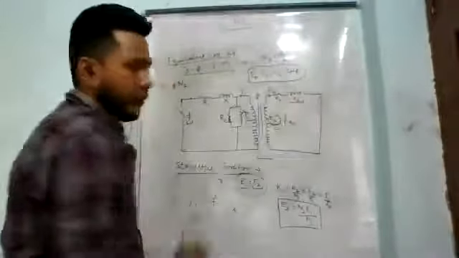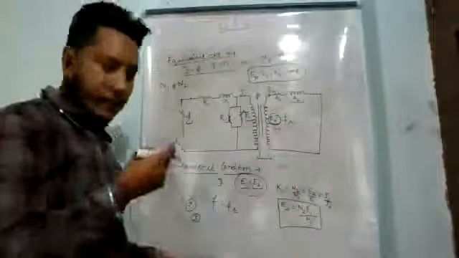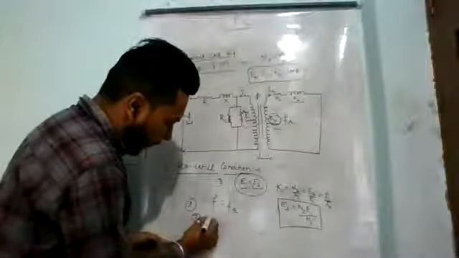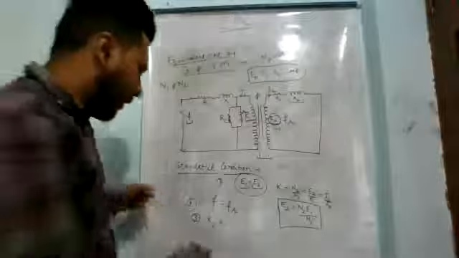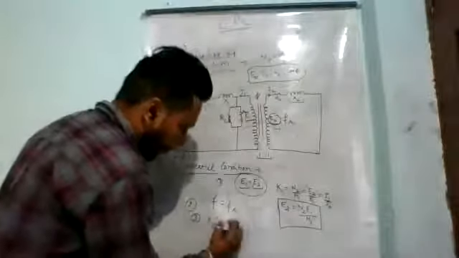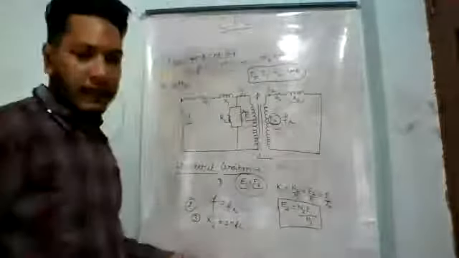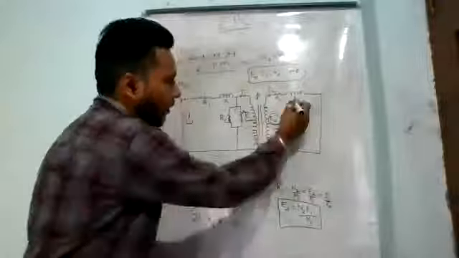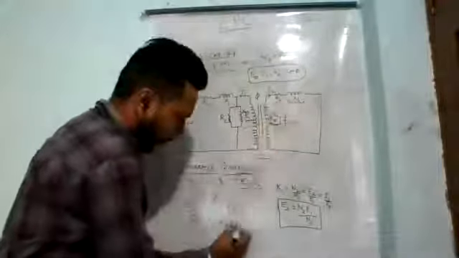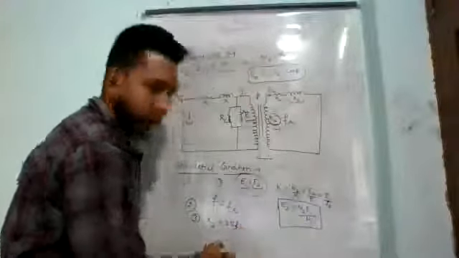Now the third one: what is this X2? X2 is the secondary winding reactance. As we know, the formula for reactance is X2 is equal to 2 pi f L. Here we're talking about the secondary side, therefore the frequency is fr.